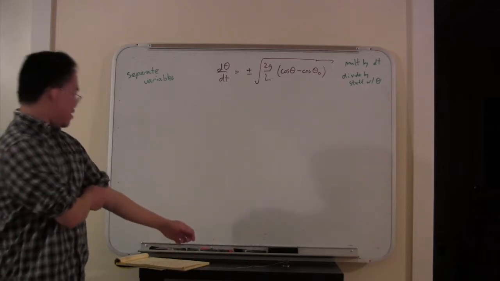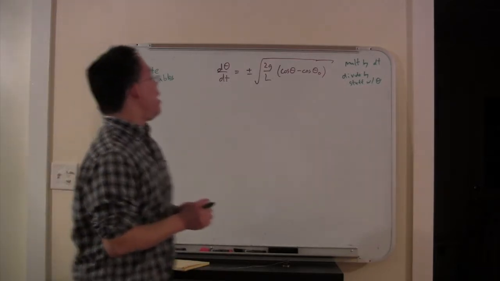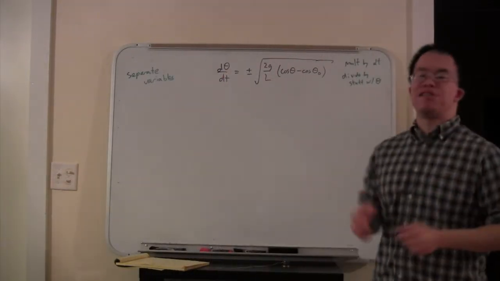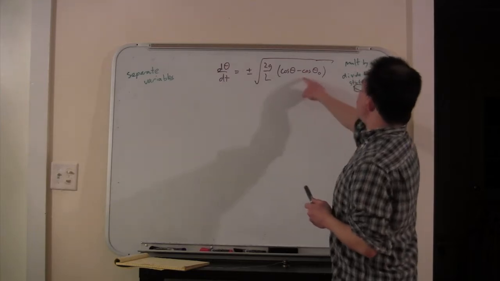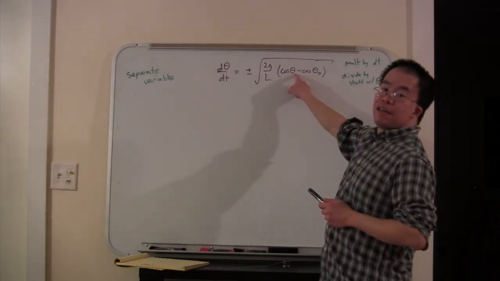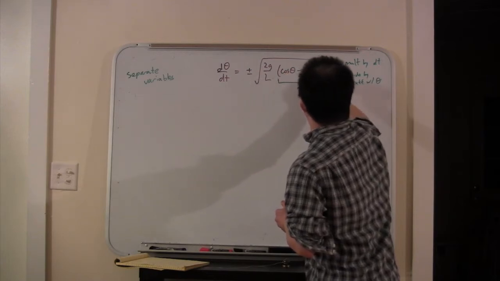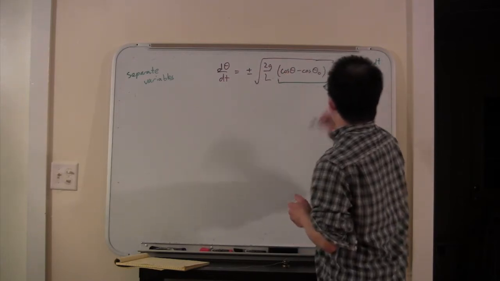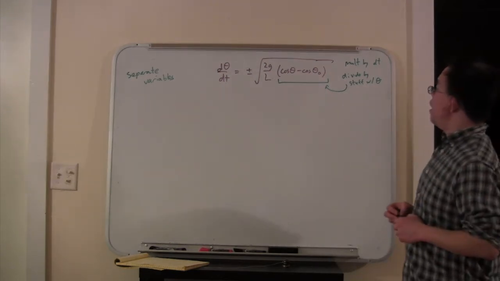So what is the theta dependent stuff that I want to divide out? I can only divide out stuff that's a multiplicative factor. So I can't just divide the cosine theta here. I have to divide this entire piece there in green. So I'll do that.